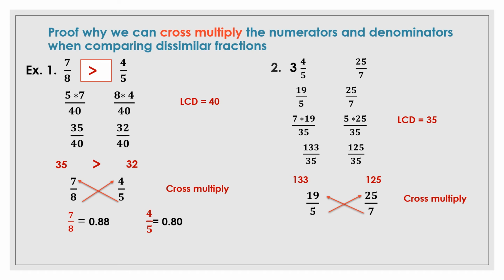So, itong 133 is greater than 125. Kung sa decimal equivalent naman, ang 19 over 5 is 3.80. And then, ang 25 over 7 ay 3.57. So, we can say na ang 3 and 4/5 ay greater than 25 over 7.